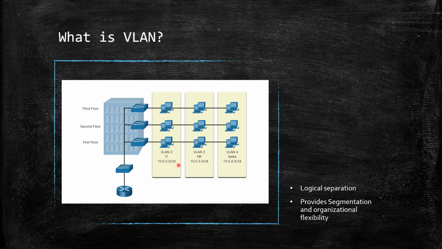So that's the logical detail, but you can observe the physical location of those devices: all the IT devices are on different floors, first floor, second floor, and third floor. So that's the beauty of VLAN, that we can extend the virtual network up to any physical location that we want. We just want logical separation, not physical separation. We'll further carry out the discussion on VLAN.